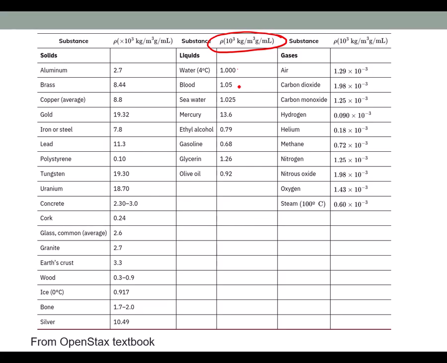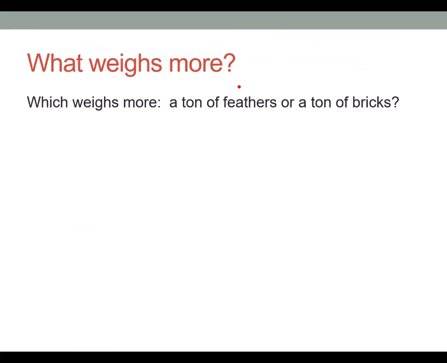So, a similar question. What weighs more, a ton of feathers or a ton of bricks? There are multiple variations on this question. I like this one. We'll go with it. So what weighs more? Well, look. Both of them weigh a ton, so their weight is the same.